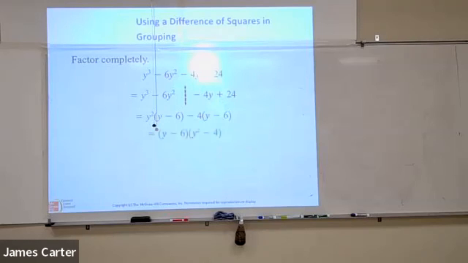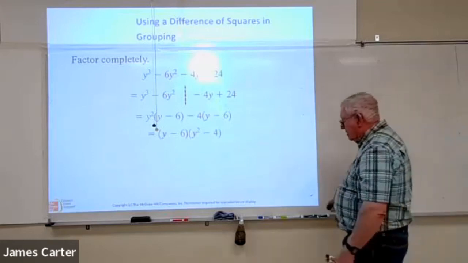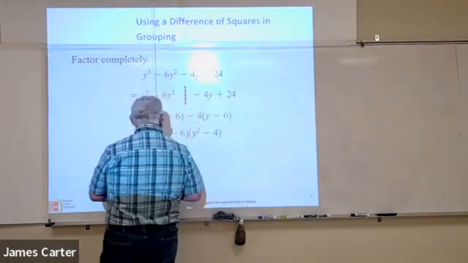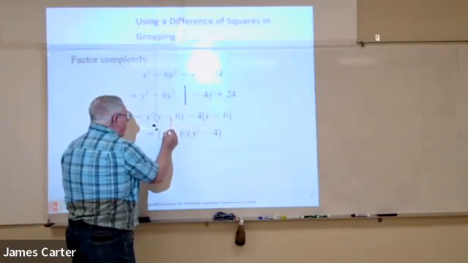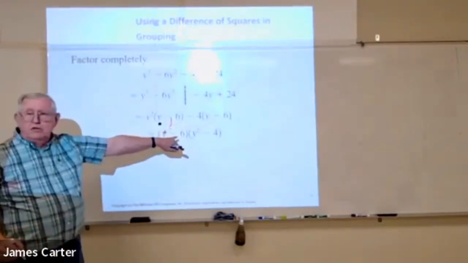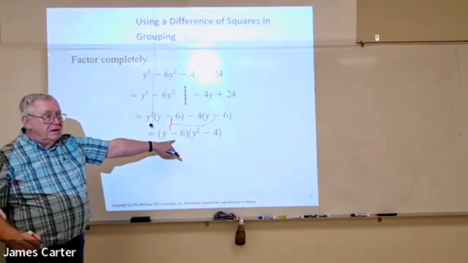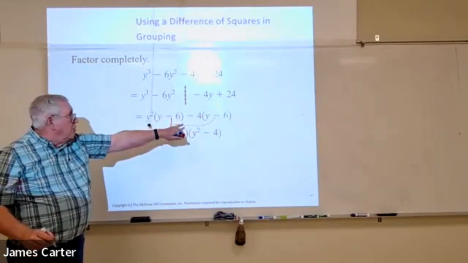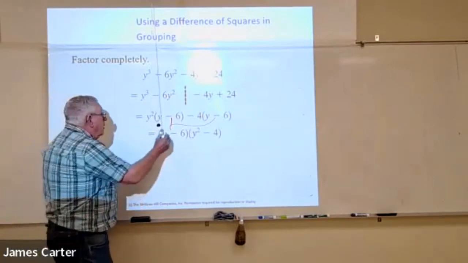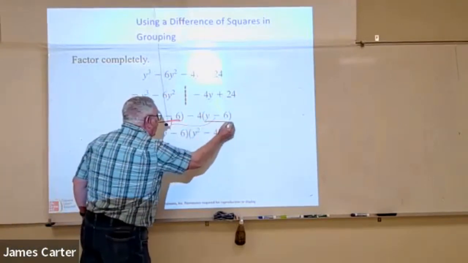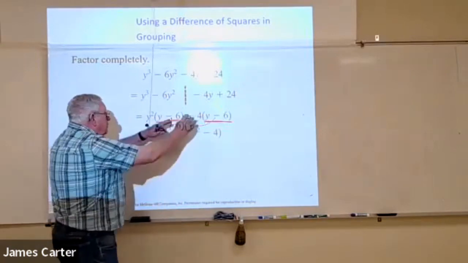Now, look at this. Here's the magic. You've got common terms you can pull out, except this common term is a whole parentheses. So we pull those out.